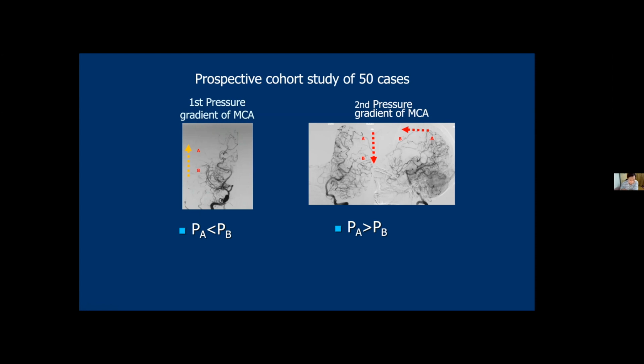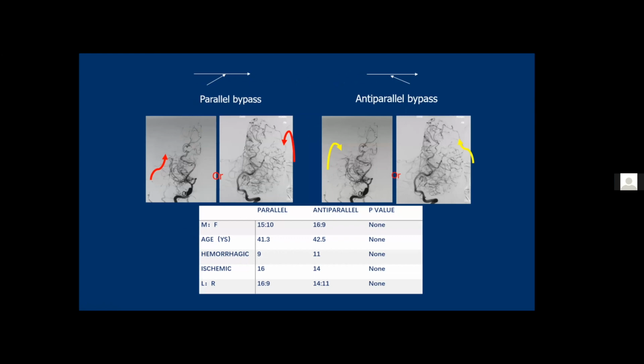If the main blood flow in the recipient artery goes from the higher pressure zone to the low pressure zone, we call it a parallel bypass. If it goes from the low pressure zone to the high pressure zone, we call it an anti-parallel bypass.